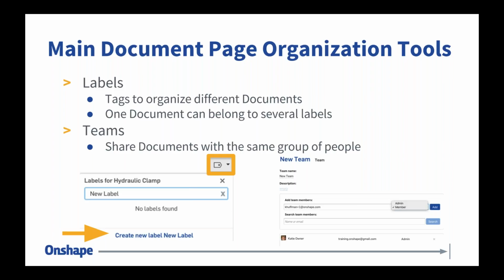The other thing I would point out too is you can tag one document with several labels. So if you have a document that fits into several different categories that you want to control with labels, you can do that. It's not limited to one label per document.